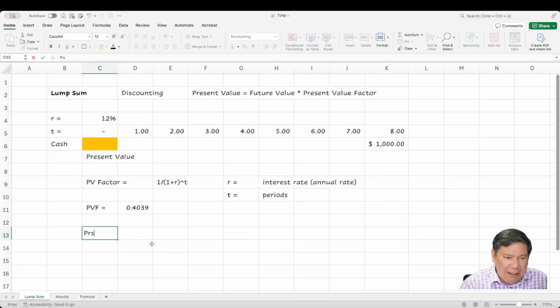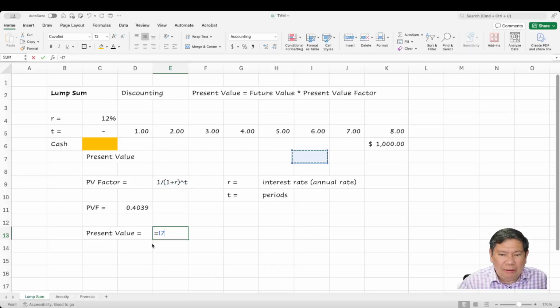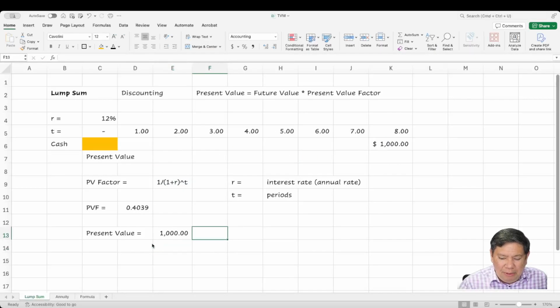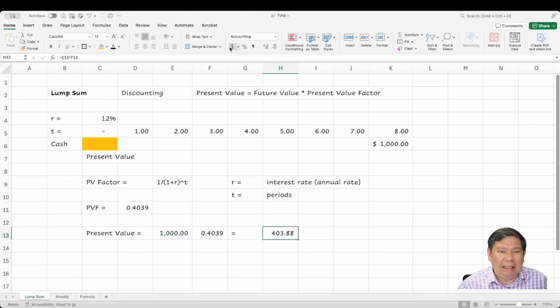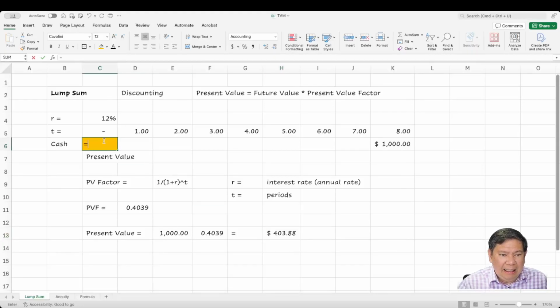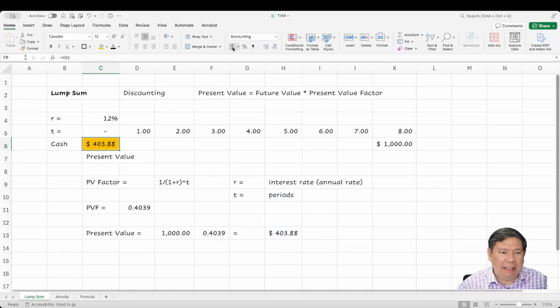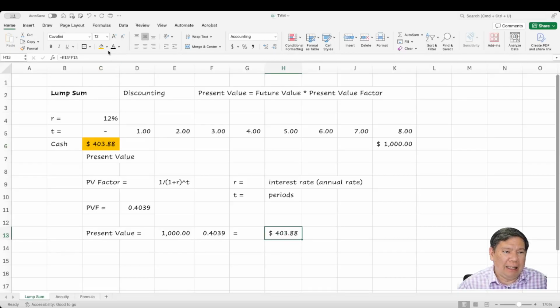So the present value equals the future value, which is $1,000, times the present value factor, which is 0.4039. We multiply those two and it equals 403.88. That's the present value, 403.88. So the calculation is not complex at all.